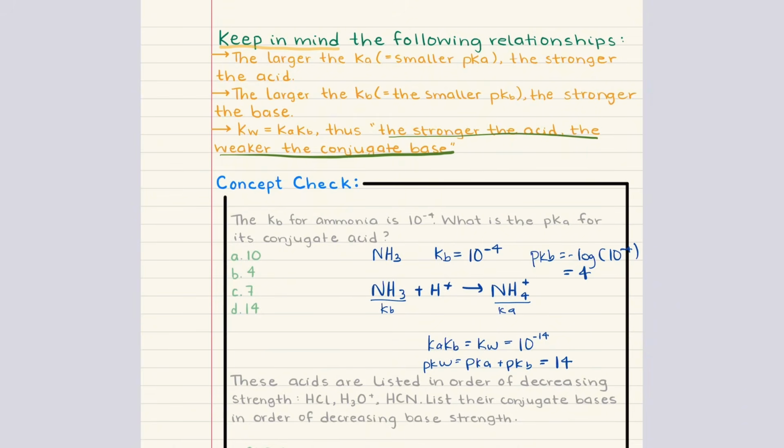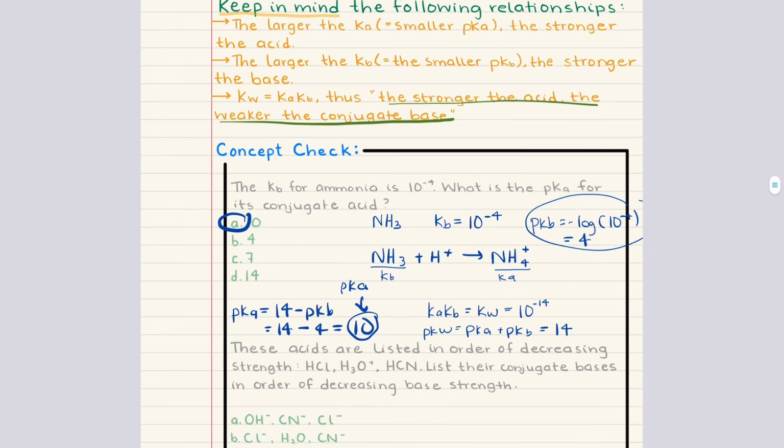For a conjugate pair, pKa plus pKb equals pKw. So rearranging that equation to solve for pKa, we get that pKa equals 14 minus pKb. That gives us 14 minus 4, which is equal to 10, and 10 is our pKa. So the correct answer for this problem is A.